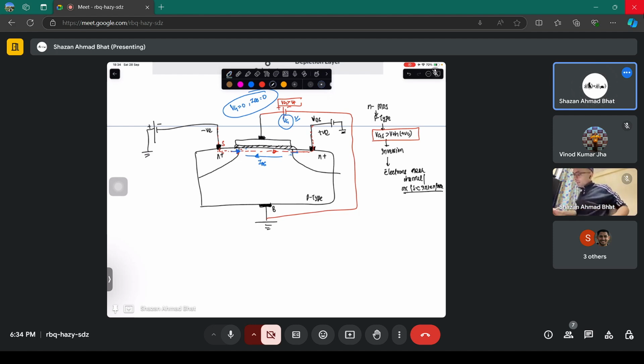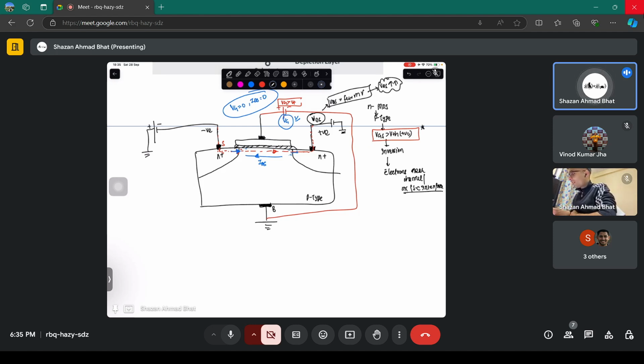You know that, whenever you go on increasing the drain voltage, let's see what is going to happen. Initially, you apply a drain to source voltage of a few millivolts, and you go on increasing it. Earlier, we did the same thing in the MOS capacitor.